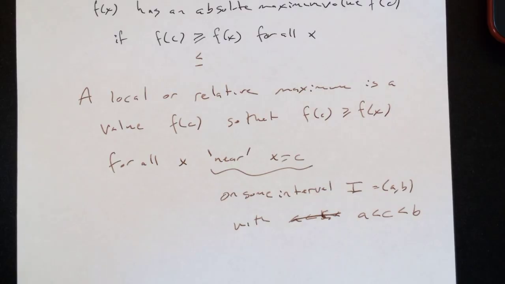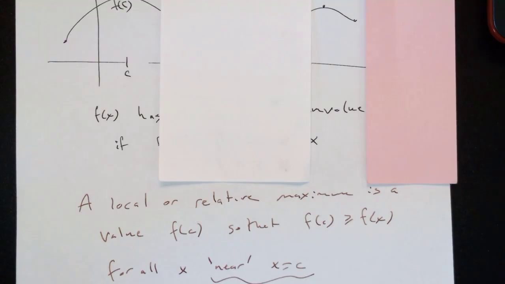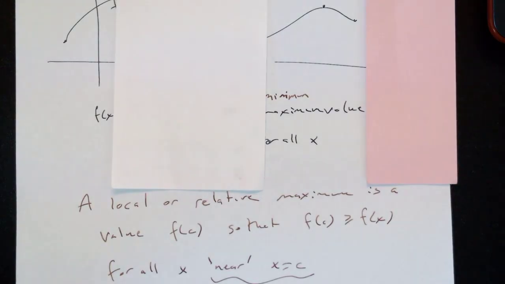If I asked in our picture for the local minimum in this pictured interval, we'd say the right edge, wouldn't we? Now what? Well, now it's the left edge, isn't it?